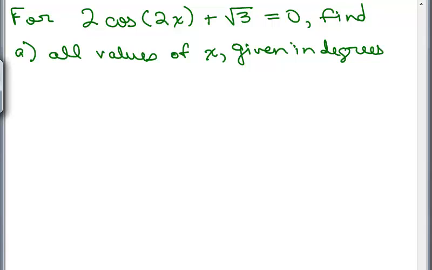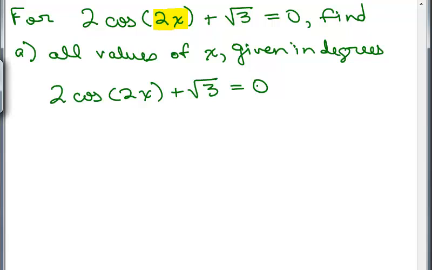All right, the key to doing these problems is to solve as usual, and don't worry about what's in parentheses here. It's 2x, so we're going to be solving for 2x, in other words, to begin with. So the key is to just think of this as the angle. If you want, you could change that and call it theta or something else, but it's not really necessary. So we're going to take our equation, 2 cosine of 2x plus square root of 3 equals 0, and solve this first for the cosine of 2x.